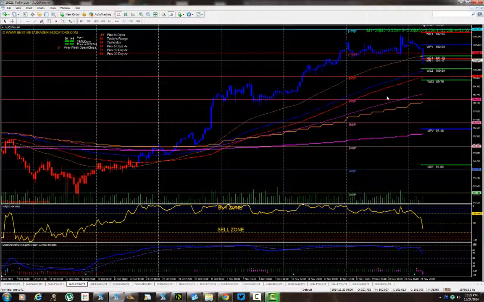So all JPY uptrend, but we went almost nowhere last week. Closed 5 pips down.